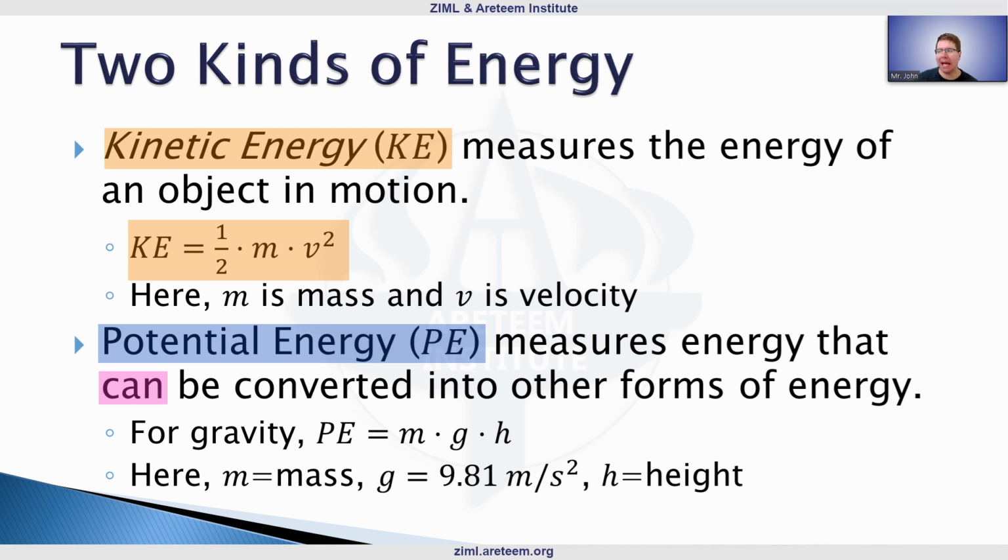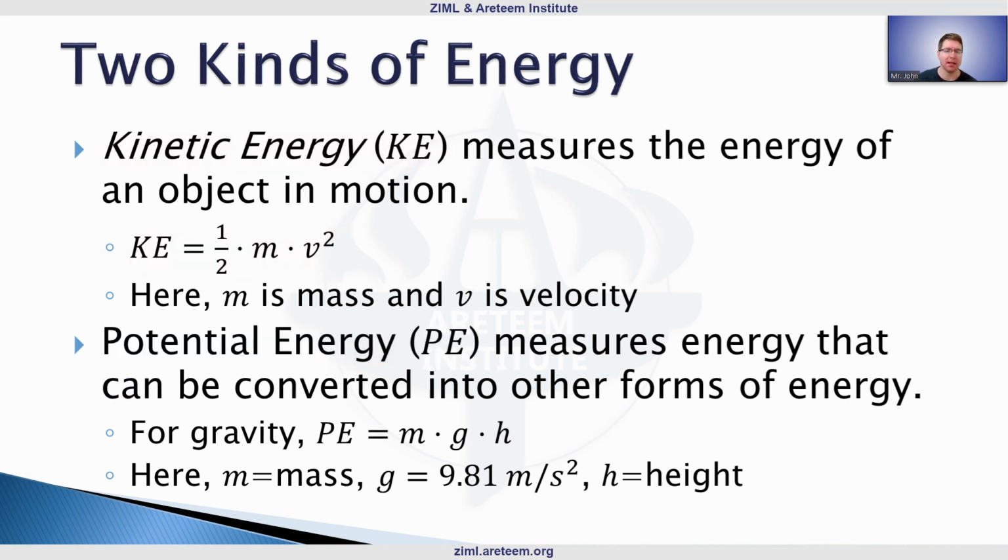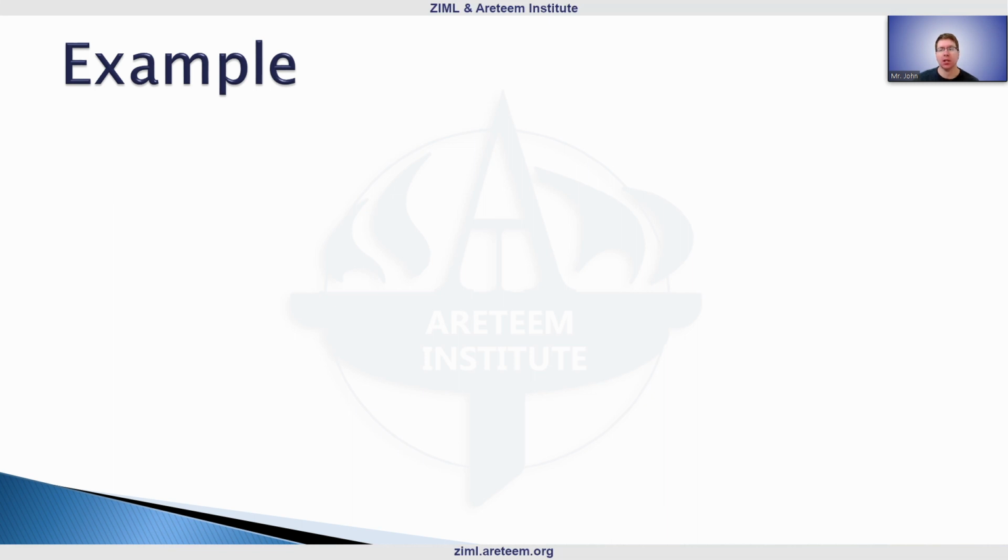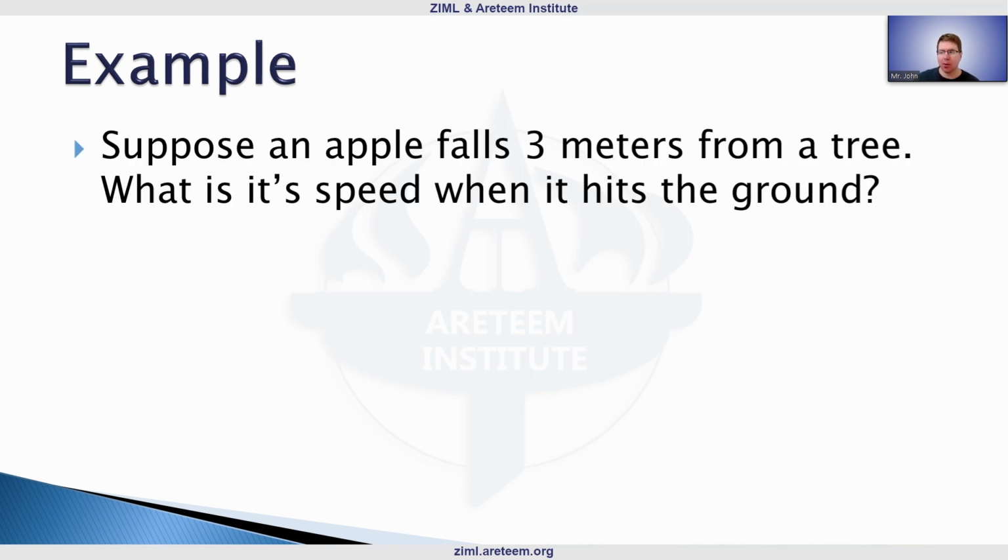Now, let's go back to this apple and do a quick, easy question with this as well. Suppose we have an apple that falls 3 meters. So our setup here, we have some 3 meters. Maybe it's falling off of a tree, maybe not, it doesn't matter whatsoever in terms of our physics problem.